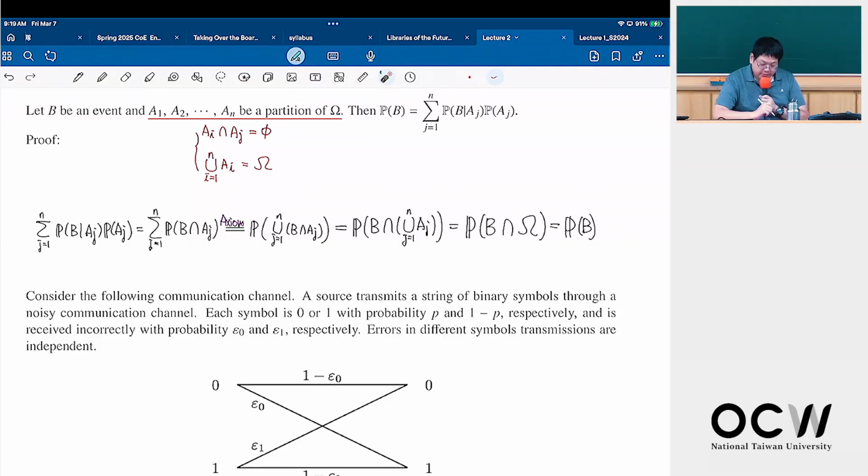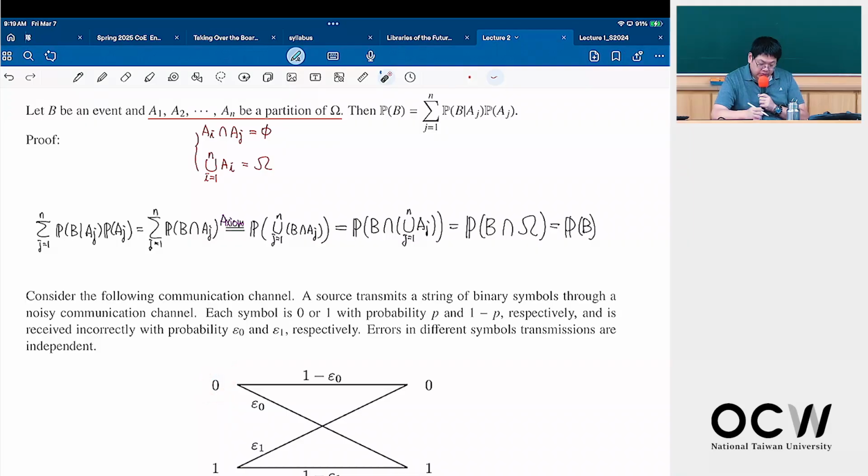And then I will receive incorrectly with probability epsilon naught or epsilon 1, which means that if I sent 0 and received 1, this error probability will be epsilon naught. If I sent 1 and received 0, the probability of this error will be epsilon 1.